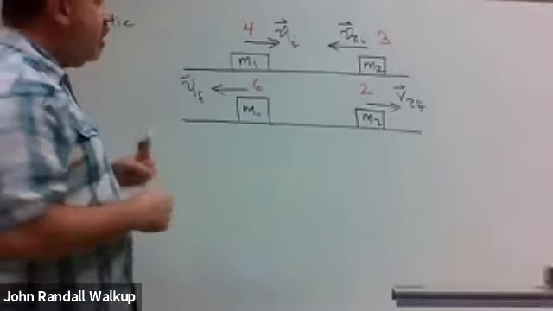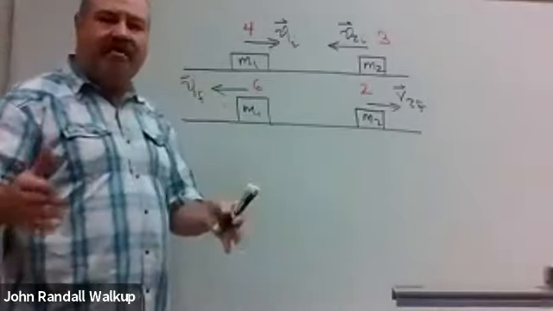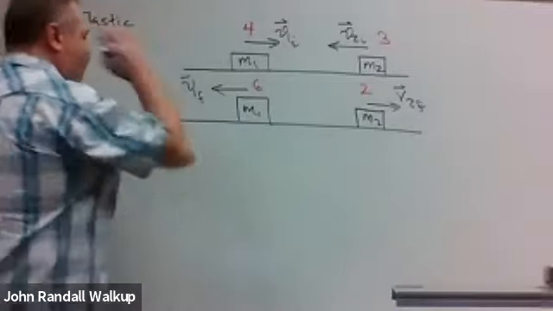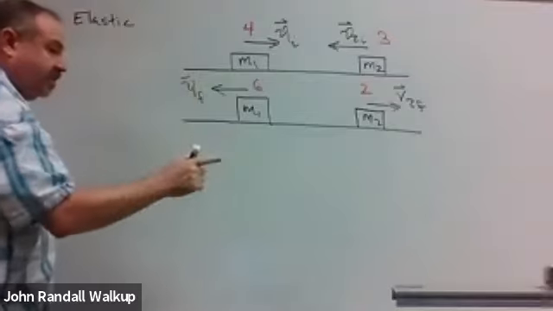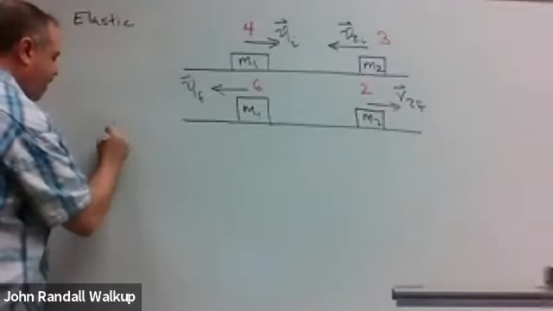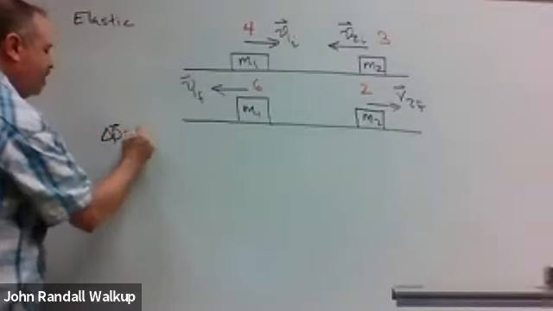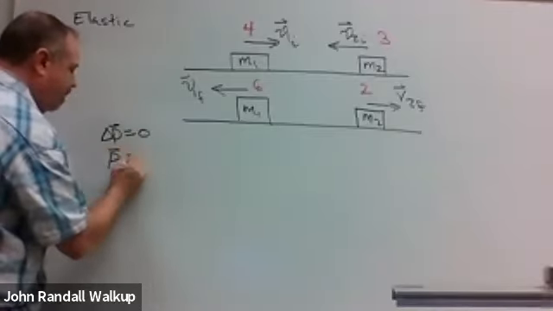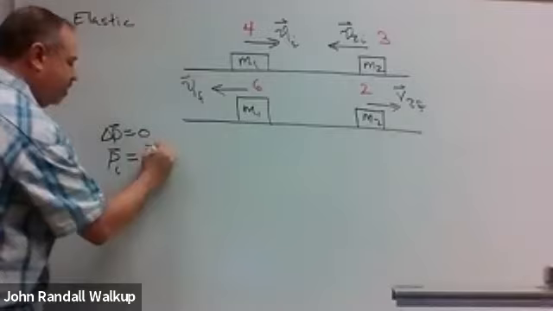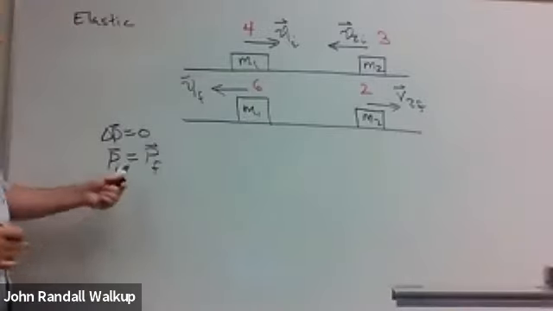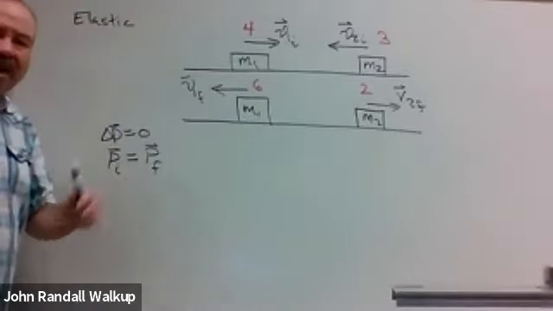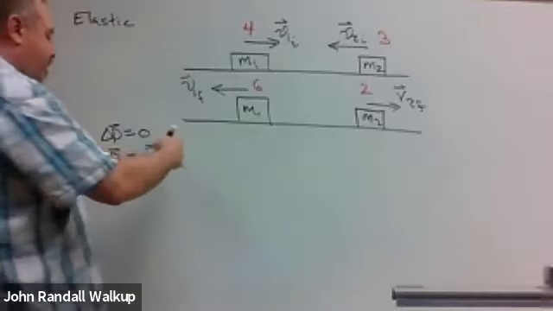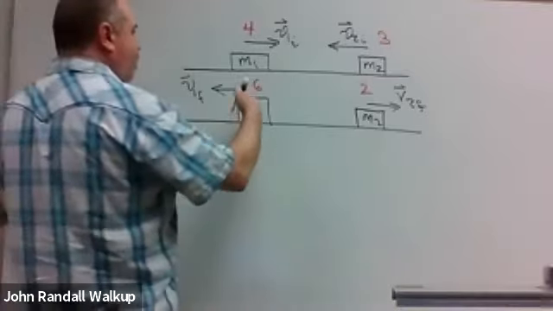Well, first of all, we're going to conserve momentum. We've already established that momentum is conserved. Therefore, delta P is 0. That means that the total momentum before is equal to the total momentum after of what? The system, both bodies. So we could go ahead and do that. We end up with what?